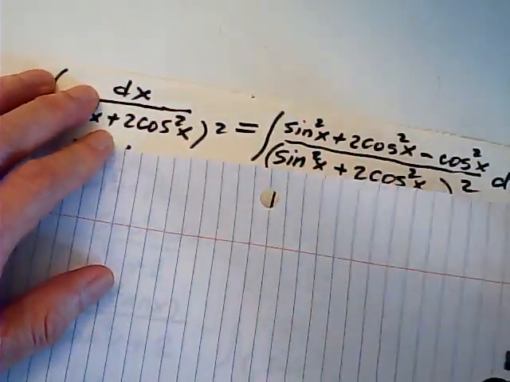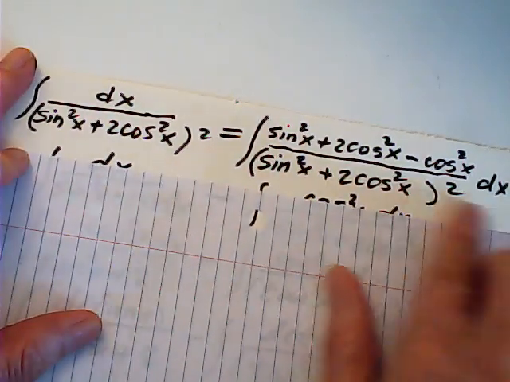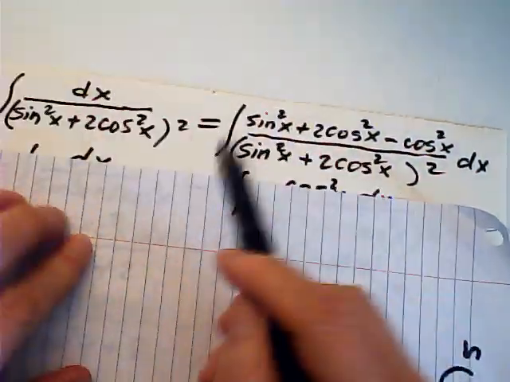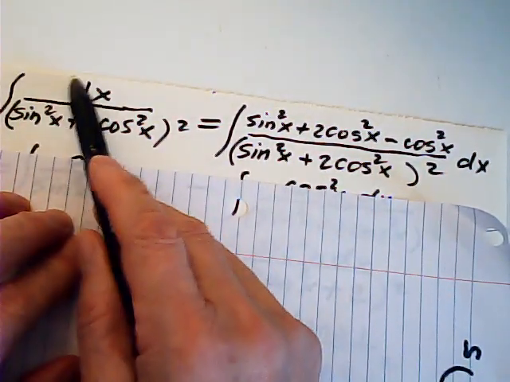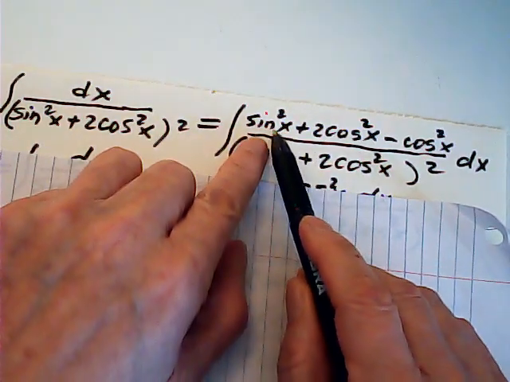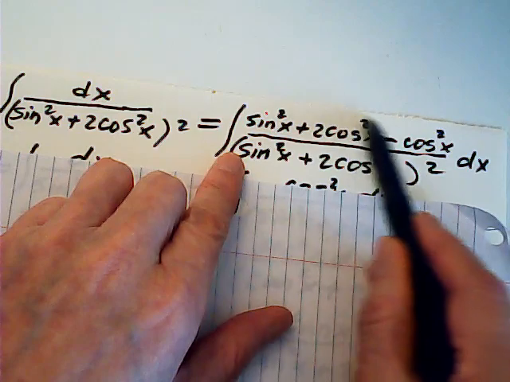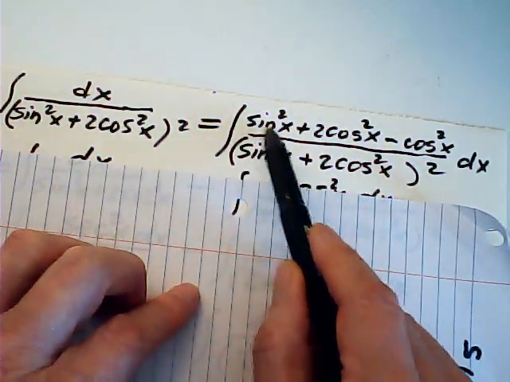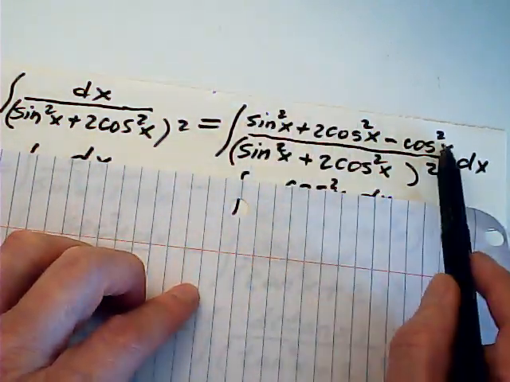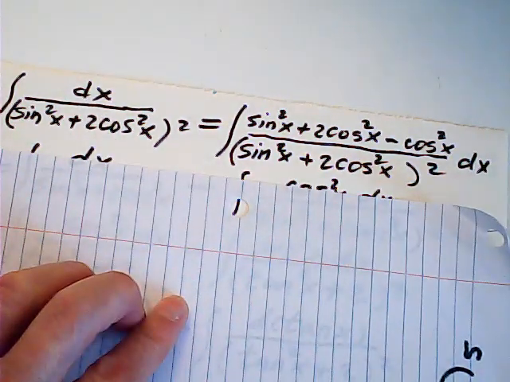Method 3. I write the numerator 1, right? 1 is sine squared plus cosine squared. This is sine squared plus cosine squared, which is 1.